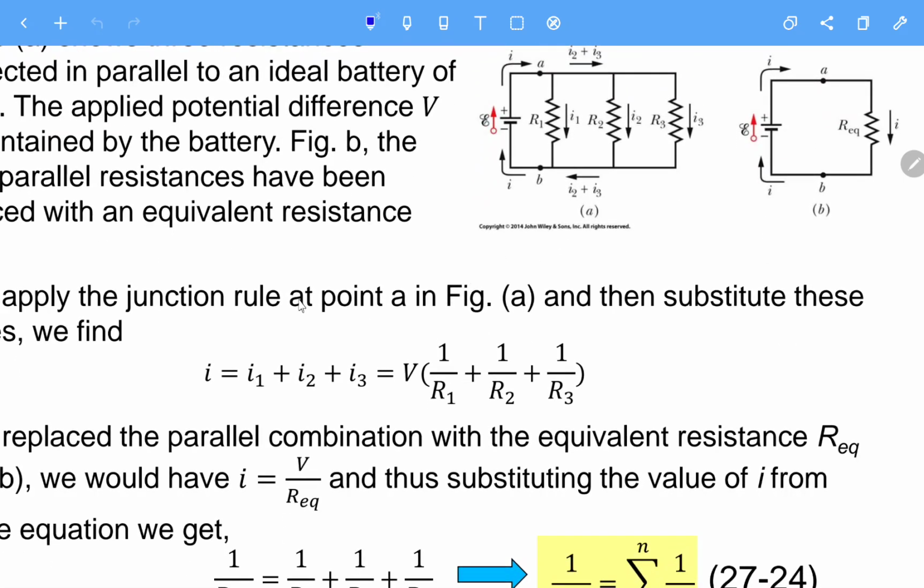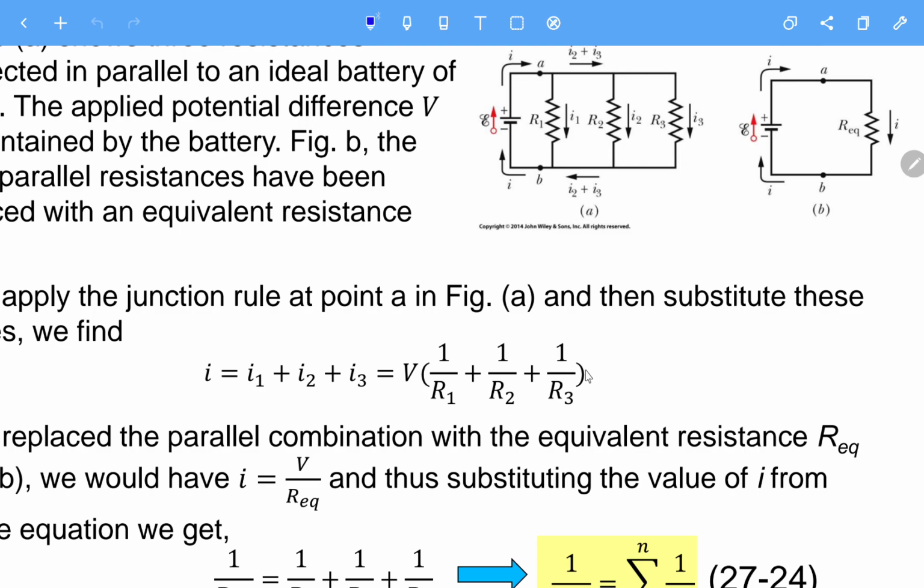So here I is I1 plus I2 plus I3. And for I1, I2, I3 we can use Ohm's law, which means that I1 is V over R1, I2 is V over R2, I3 is V over R3.